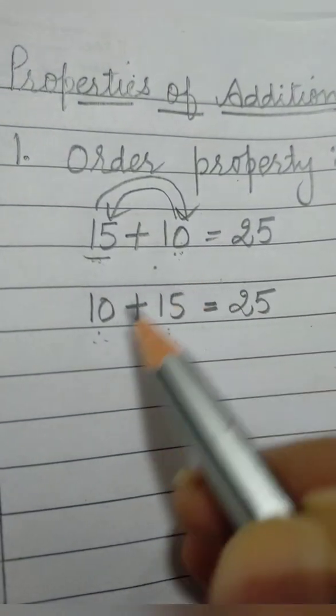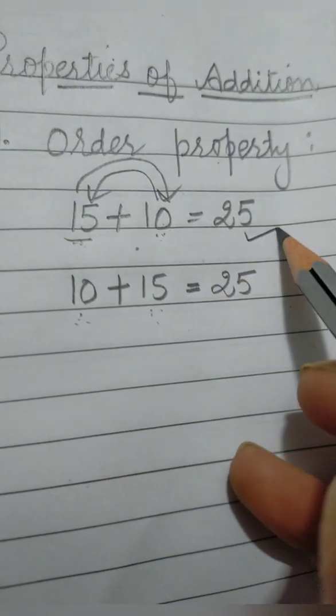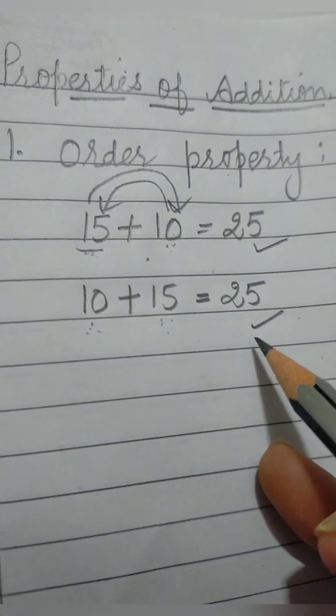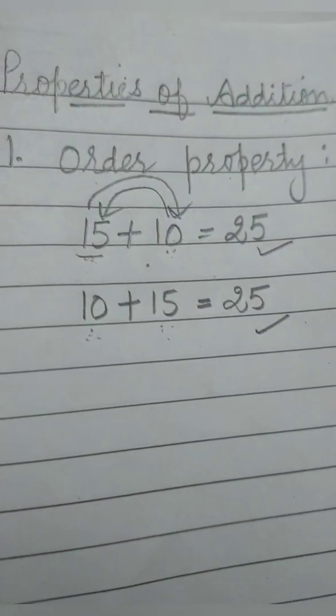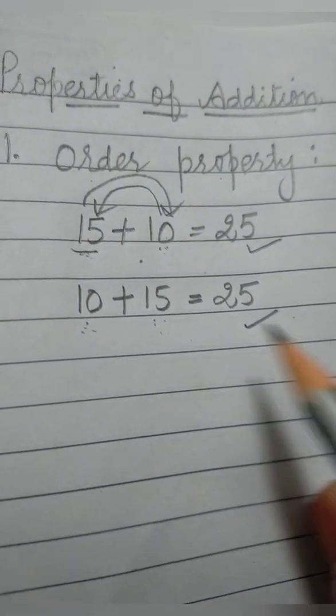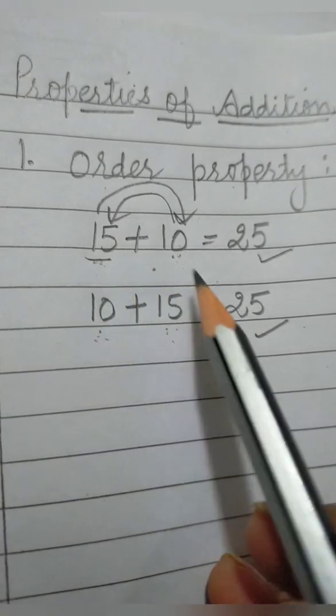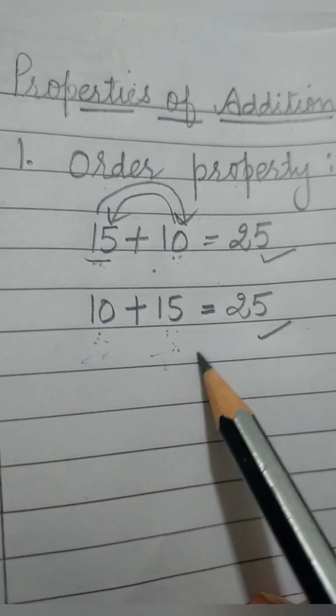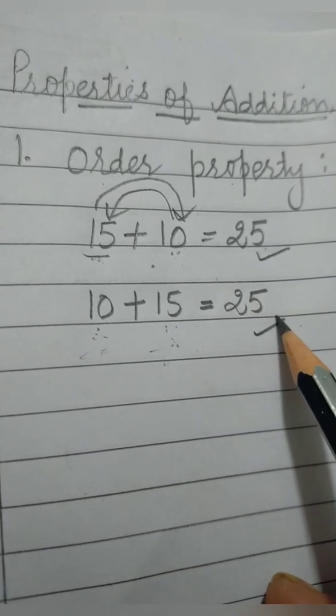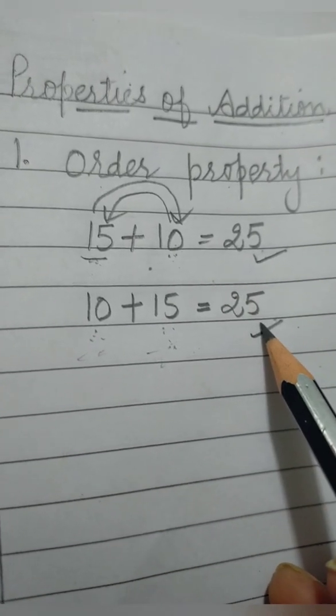When we change the order of the numbers, the sum doesn't change. This is the order property of addition. If we change the order of the numbers to be added, the sum will remain the same.